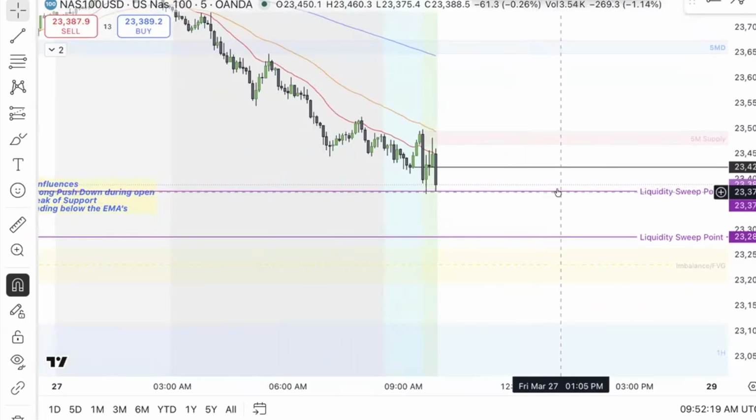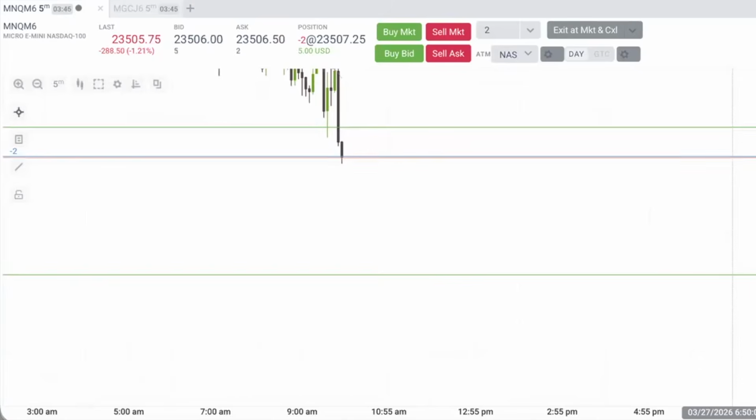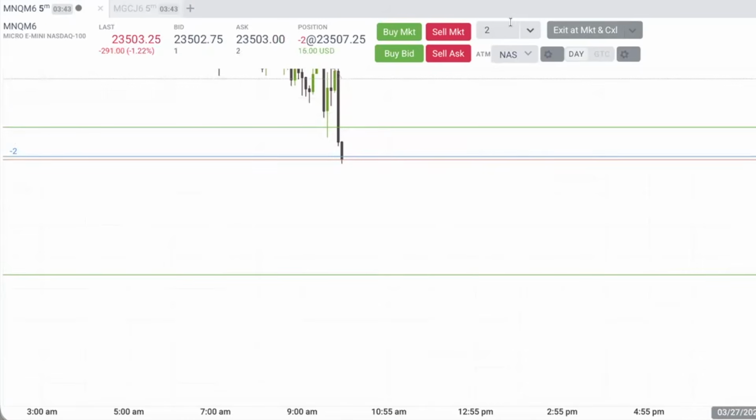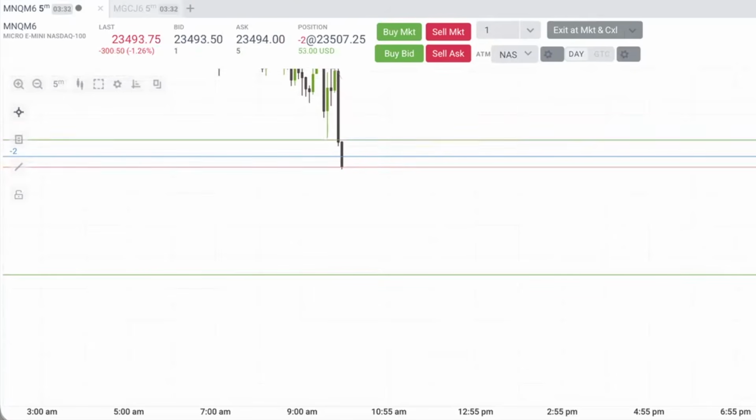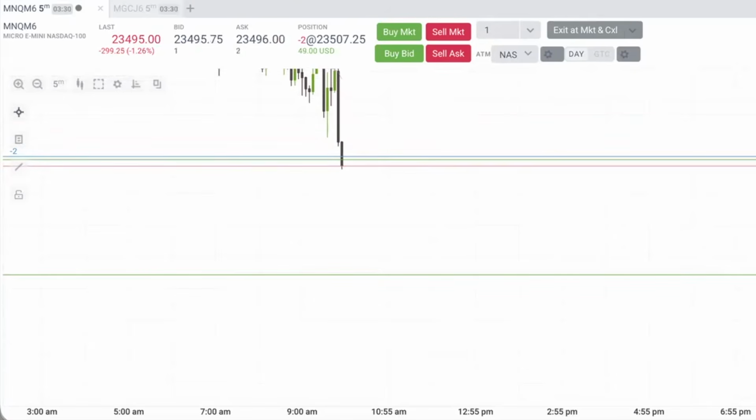Let's watch the trade in real time. Okay, so price is continuing downward. I'm going to move my stop loss to break even, or just enough to cover commission.